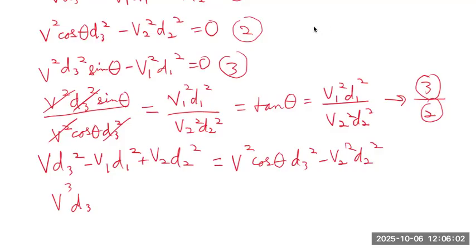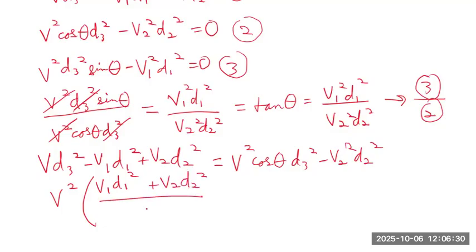Wait, hold on. Anyway, combining these two equations should give you V squared times V1 D1 squared plus V2 D2 squared over V times cosine theta minus V2 squared D2 squared equals 0.